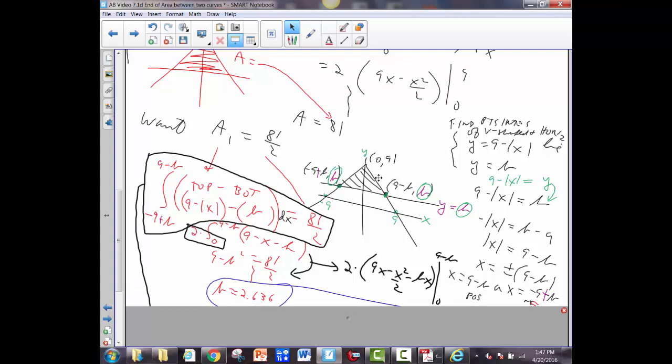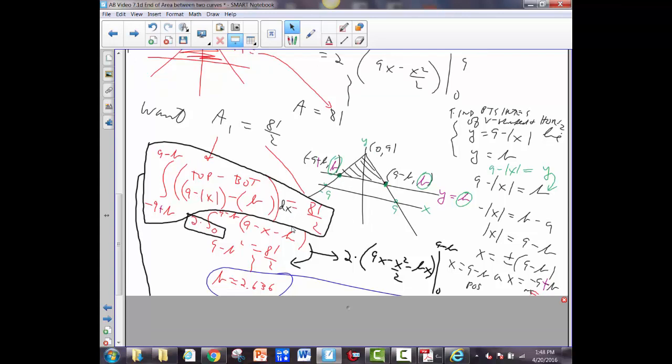So our left border is negative 9 plus b. Our right border of our shaded region is 9 minus b. The top border is our 9 minus absolute value of x graph, and the bottom border is b.